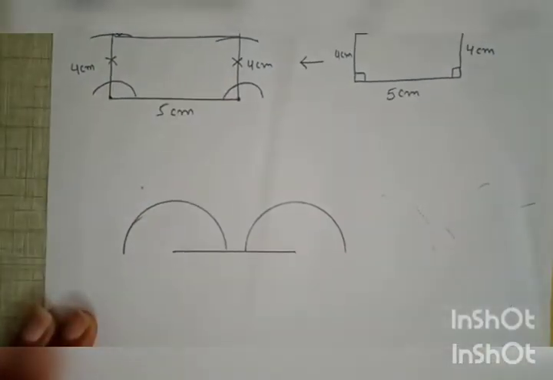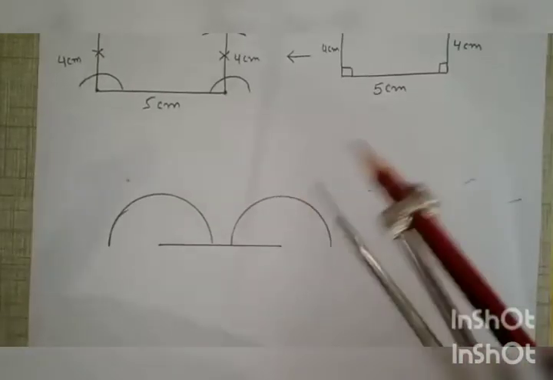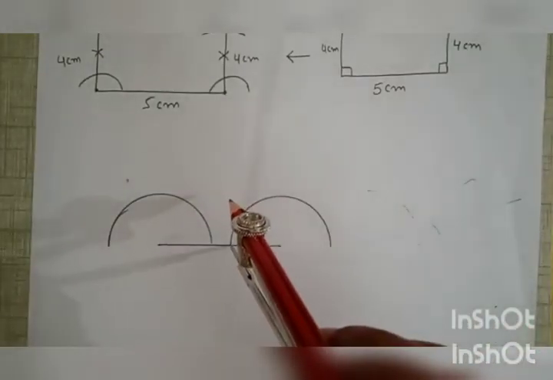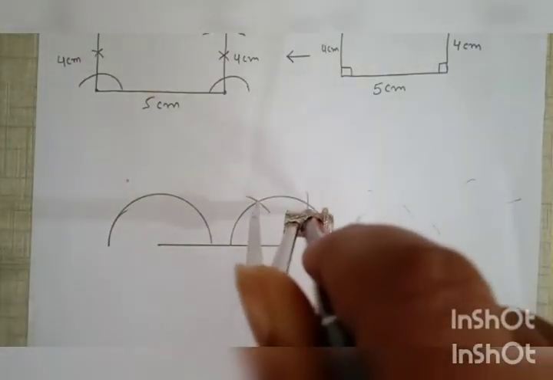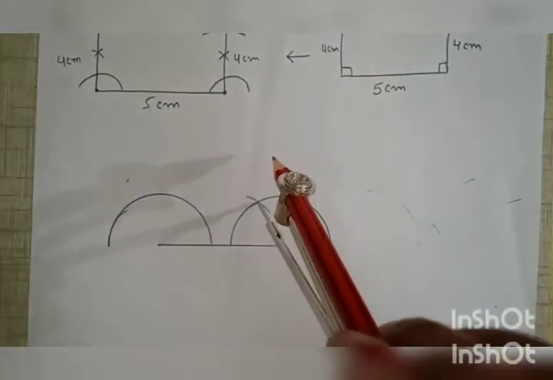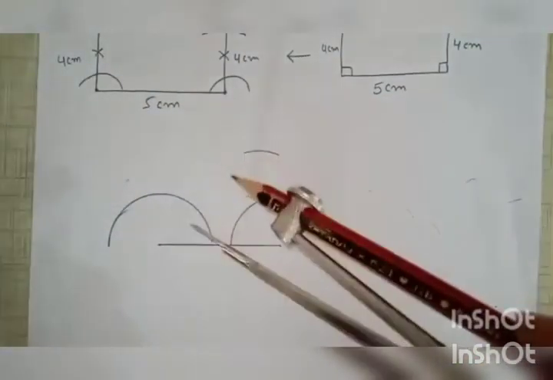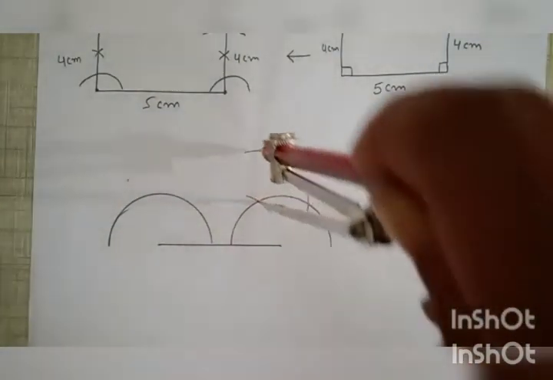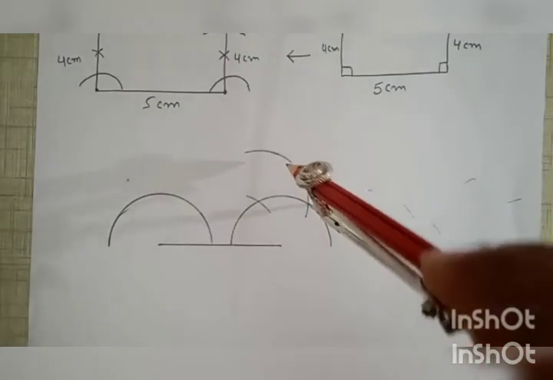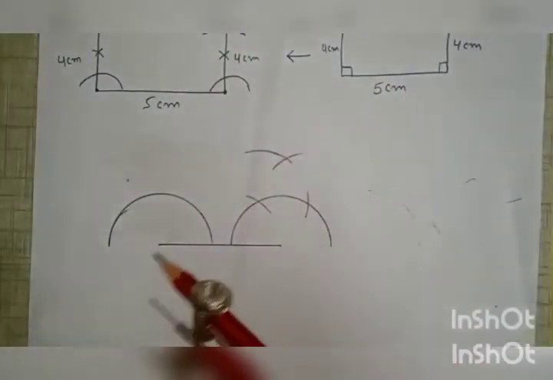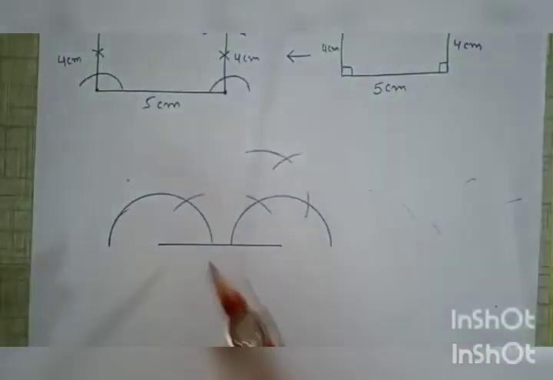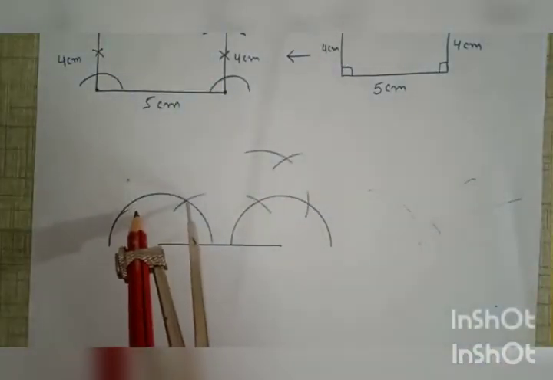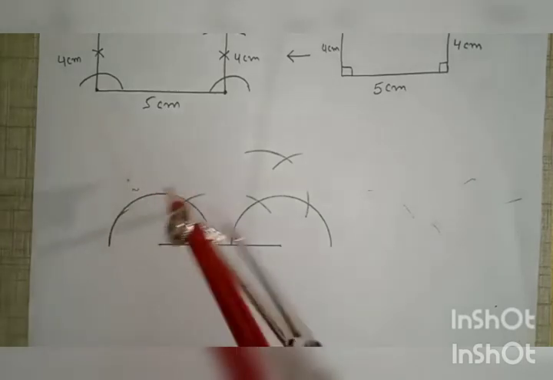Then construct 90 degree. Now you do not change the compass. Keep compass at this point, draw 60. Keeping compass at 60, draw 120. From 60, one arc, and from 120 cut the same arc. This is 90. Do the same in the next one. Draw 60 and then from 60 draw 120.